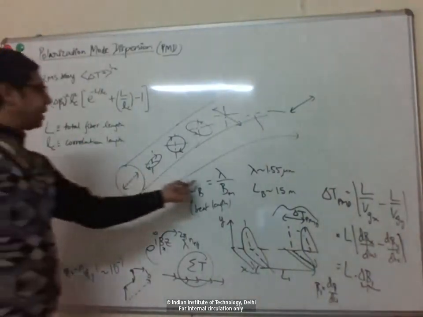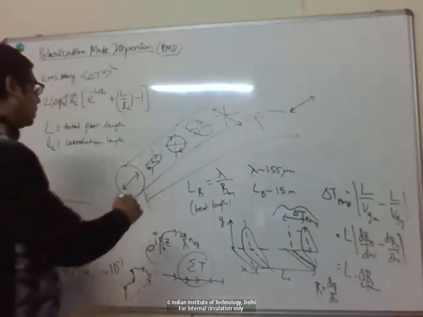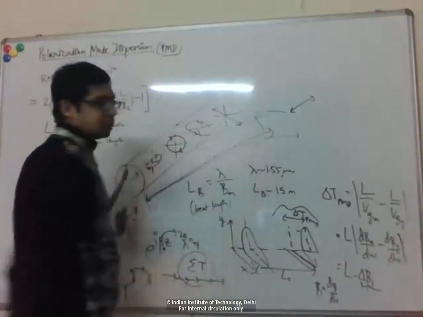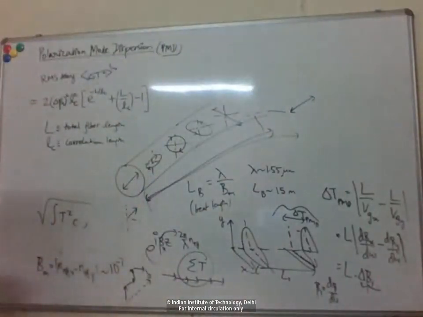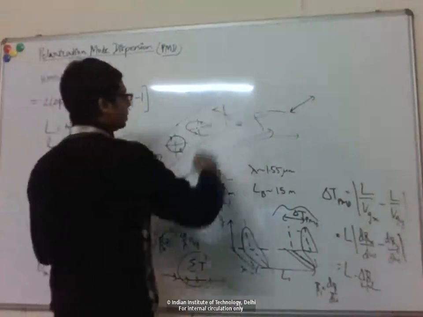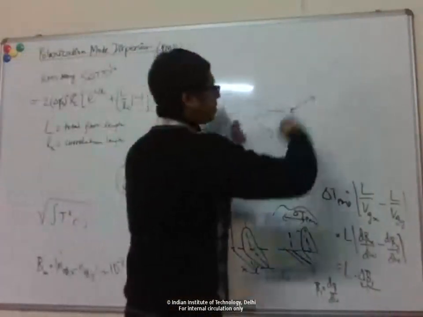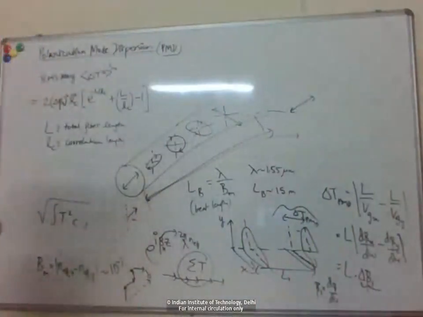This is something like the beat length. It's the length over which the birefringence is constant, a section of the fiber where the birefringence stays constant, and after that the birefringence changes.